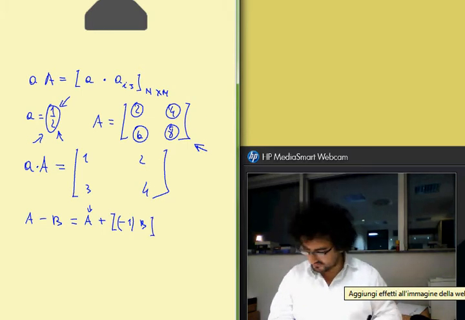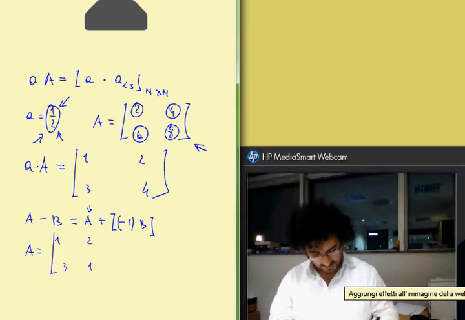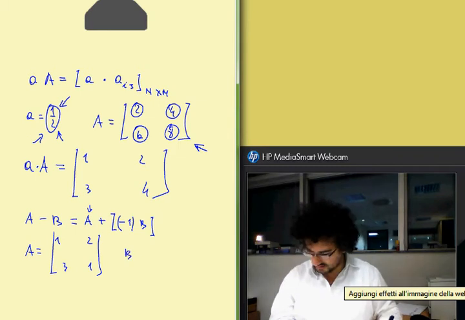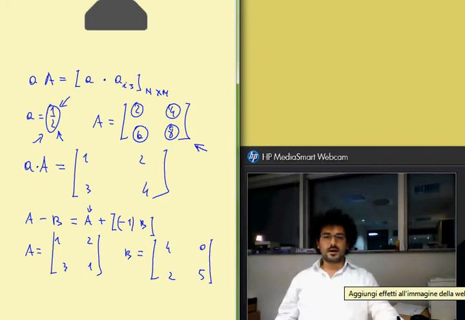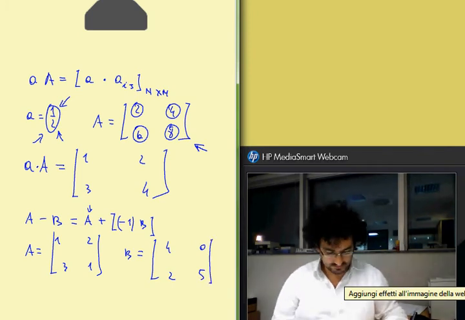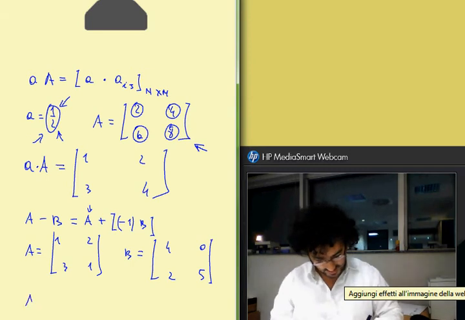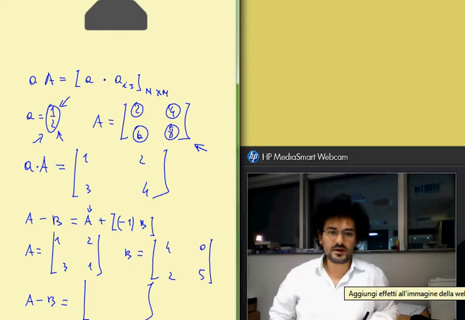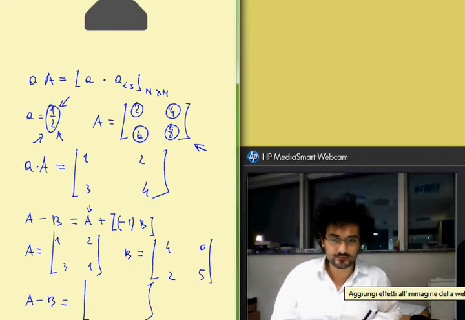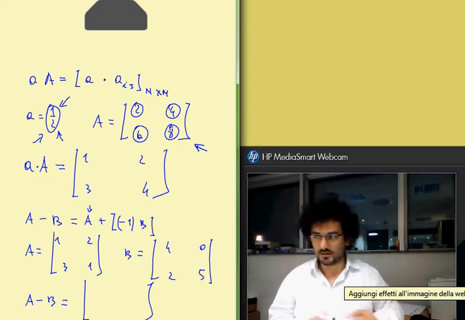So, for instance, if we consider the matrix A equal to 1, 2, 3, 1, and the matrix B equal to 4, 0, 2, 5, you can try to do it by yourself, but the difference between A and B is equal to a matrix with the same dimension of A and B, so 2 rows and 2 columns.